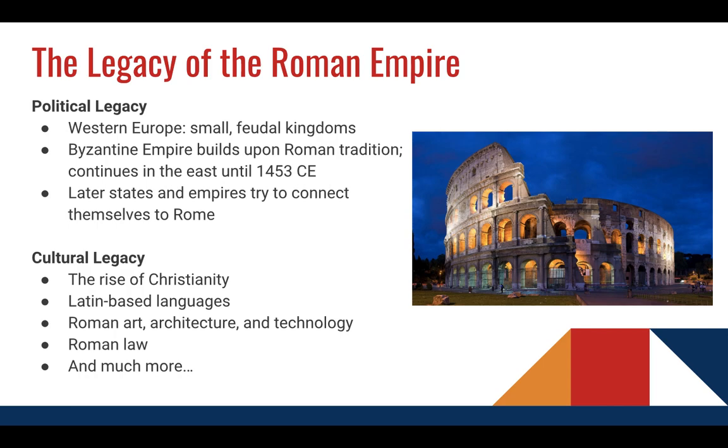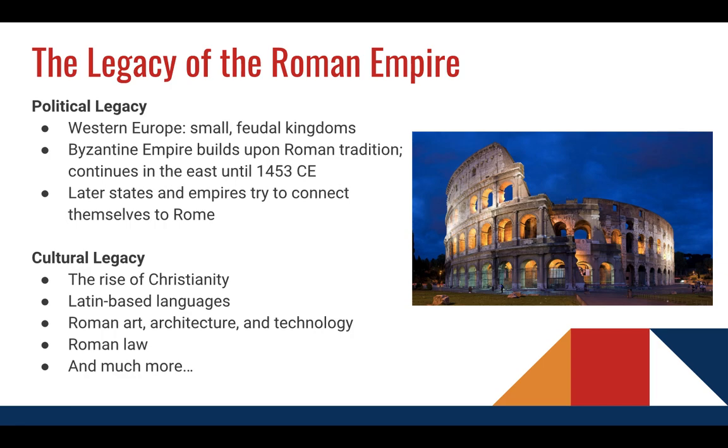And later states and empires still, to this day, try to connect themselves to Rome. If you look at the architecture of Washington, D.C. in the United States, it is a Greco-Roman style, again trying to connect the United States to the great legacy of specifically the Roman Republic, but also the Empire of Rome. And of course, there is a cultural legacy. Rome serves as a home for the rise of Christianity.